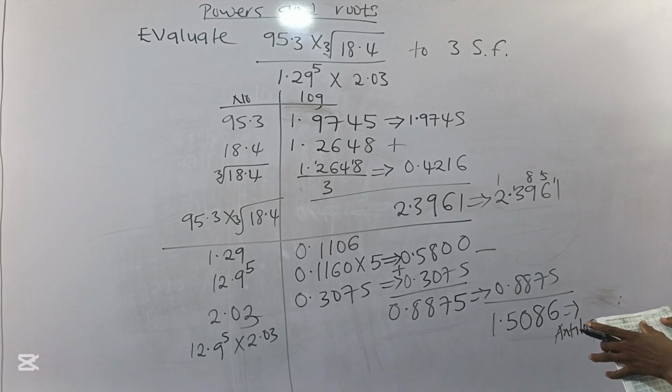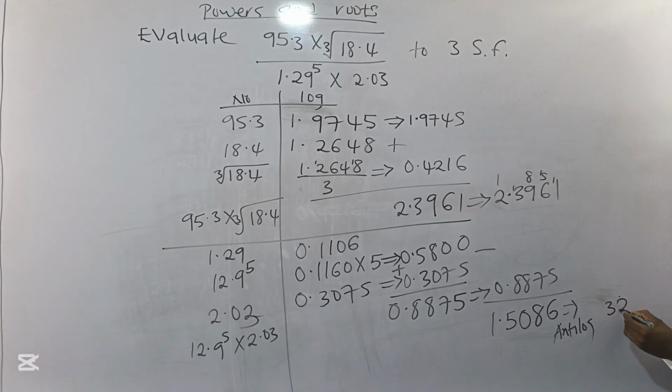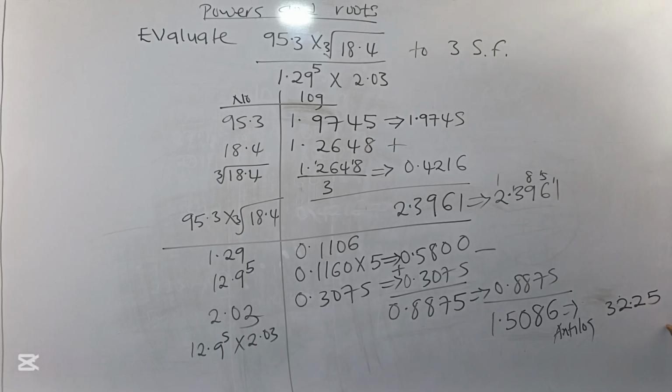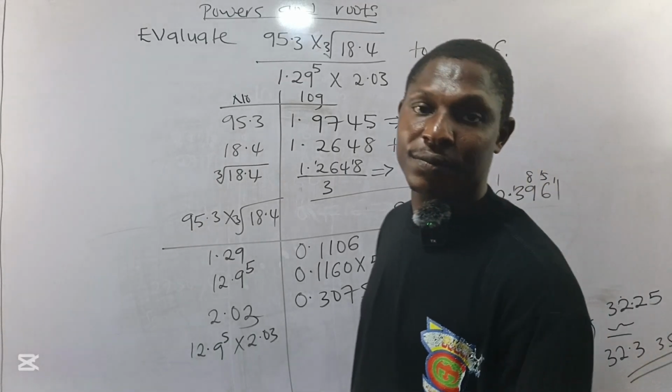So we have 3221 plus 4, 5. So we have 1 plus 1 will give us 2. So we have 32.25 as our answer, which is approximately equal to 32.3 to 3 significant figures. And this is our answer, 32.3.